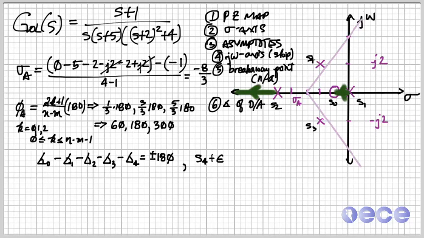Let's remind ourselves where these points are. The angle of 0 is -1, 2 away from S4. If we look at S0, it's at -1, 0, and S4 is at -2, 2. So the difference is -1, 2. If we calculate that angle, we can do this just on our calculators.